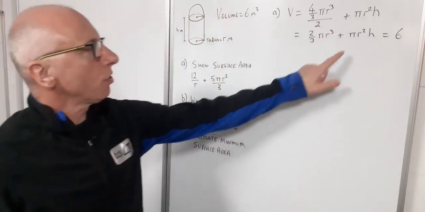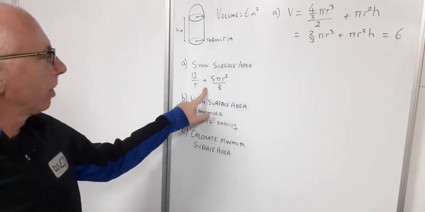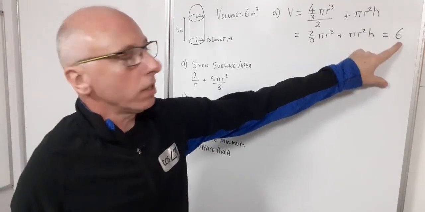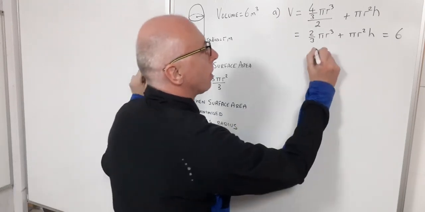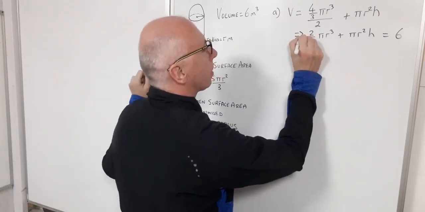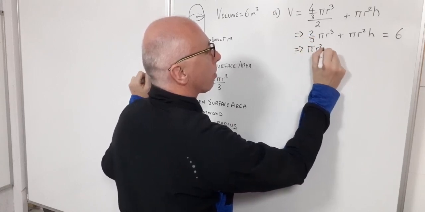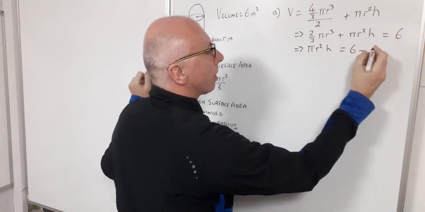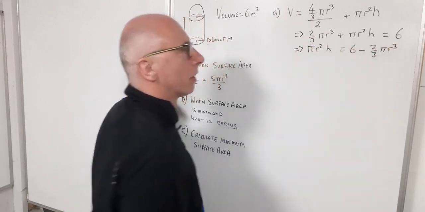So let's try and get this h isolated, and then maybe good things can happen and we can get to this. So if I move this to the other side, I'll get this pi r squared h on its own. That now equals 6 minus this 2/3 pi r cubed.